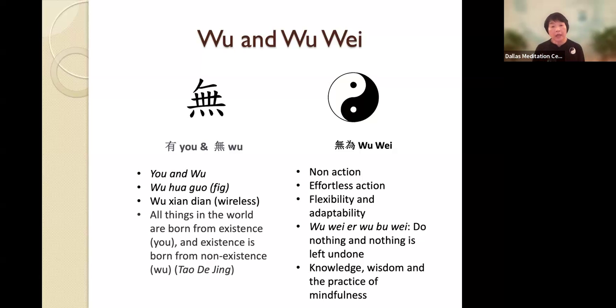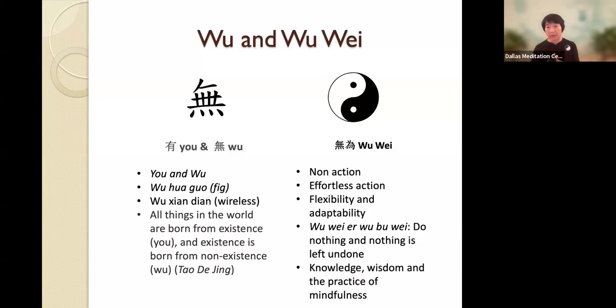So now this concept, you probably have heard Wu Wei. In Chinese, there's this concept you and wu. You is to have, wu is not having. In English, we don't have one word saying not having. So it's more like negating have. Have, not have. And most people think not have is not desirable.